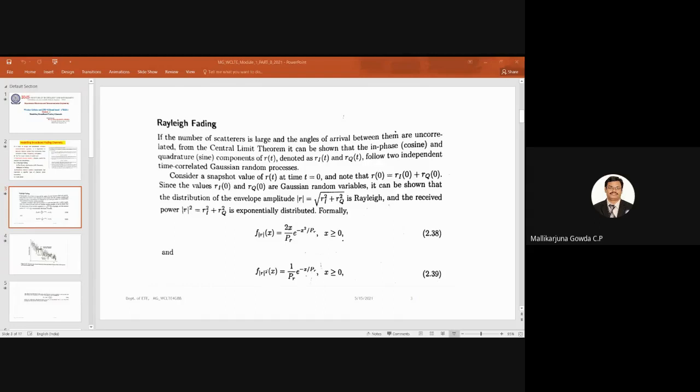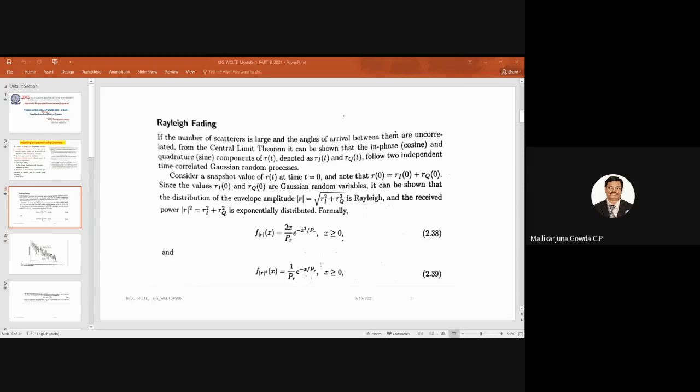What I wanted to say about Rayleigh fading is, if the number of scatterers is large and the angles of arrival between them are uncorrelated, as per the central limit theorem, the in-phase and quadrature components will follow two independent time-correlated Gaussian random processes. Here I have taken a snapshot of R of t at time t equal to 0.